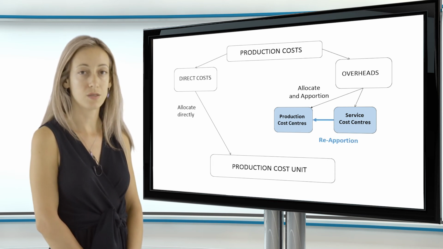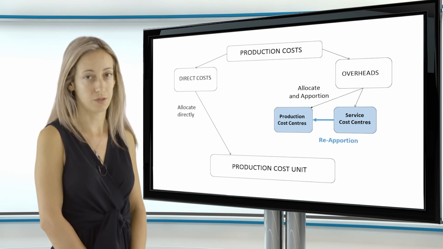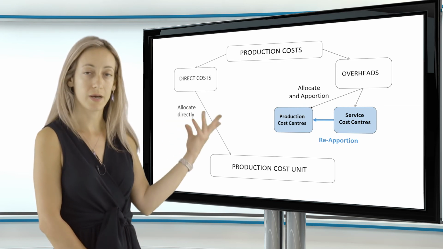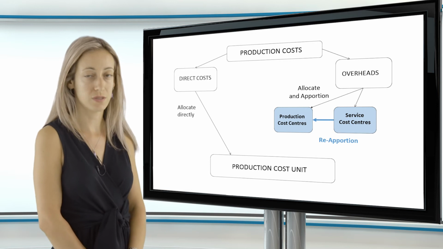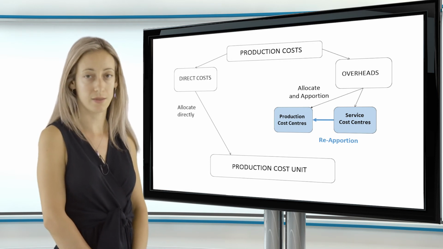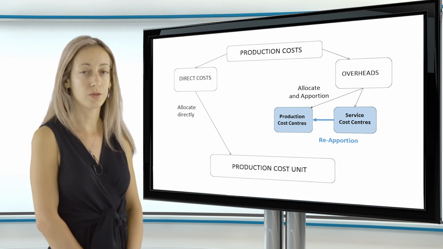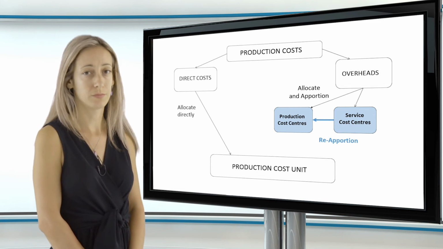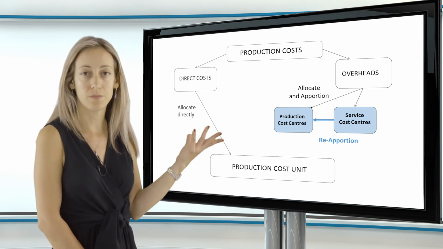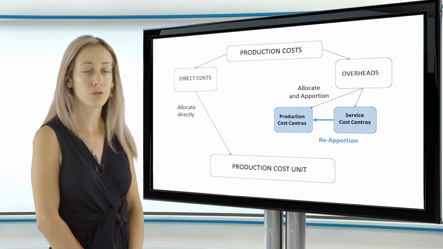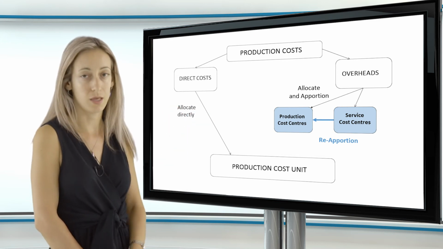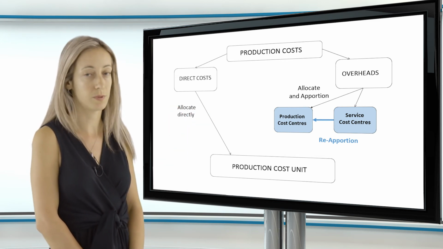What we do instead is we take that cost out of the service department and we divide it between the production departments which use the services of this cost center. So again, we are not going to just take the total cost and divide it by 2 if we have 2 production cost centers. We're going to look at each of the cost centers and to what extent they use the services of the maintenance department.